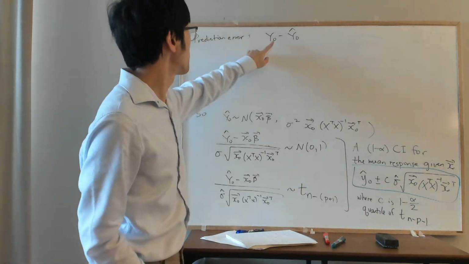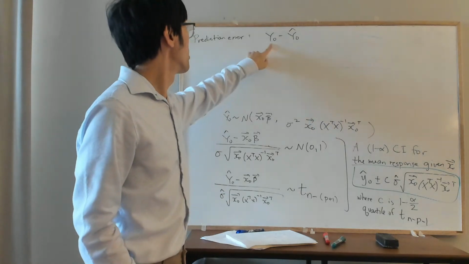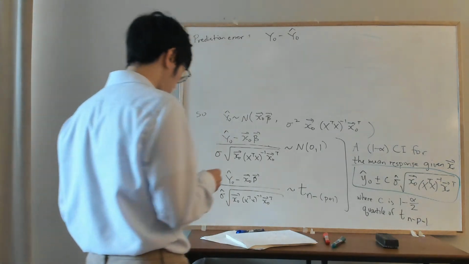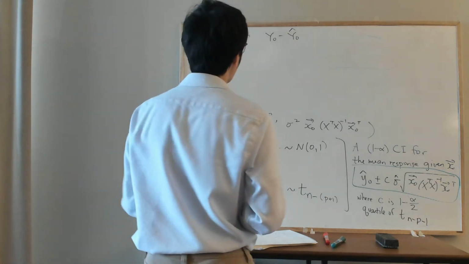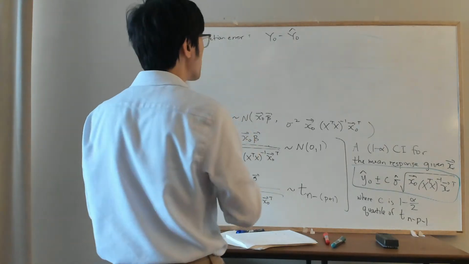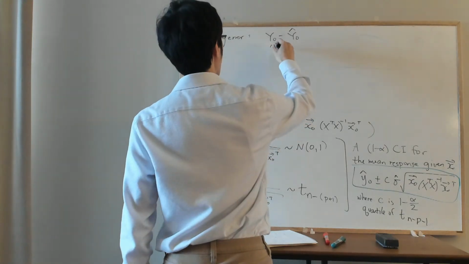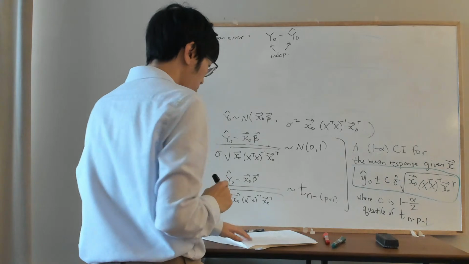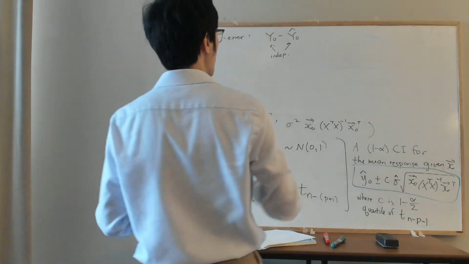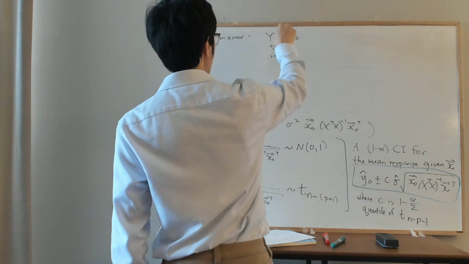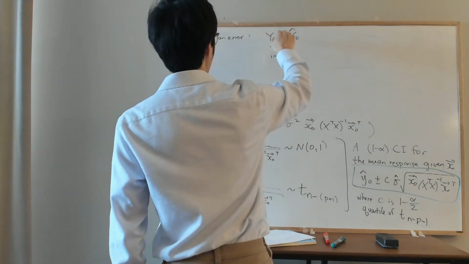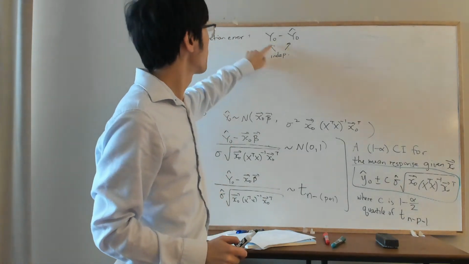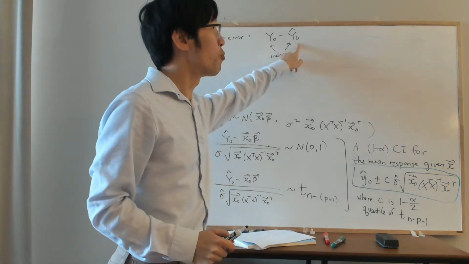So the prediction error is the difference between y0 and the predicted one, y0 hat. Very similar to when we did simple linear regression, we observed that these two are independent. They are independent because y0 is a random variable with variance sigma squared, and the other term is in terms of y1 up to yn.